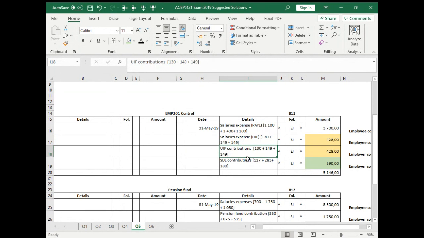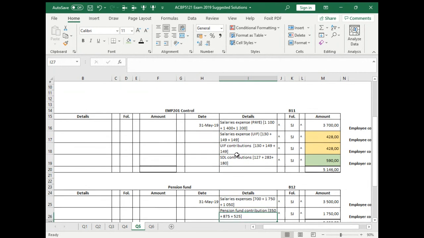Now the UIF contribution here, as well as the SDL contribution, is what your employer pays over in addition to your normal salary. Because it's not included in that net amount they pay over, we need to reflect this separately to show the additional expense in our business.